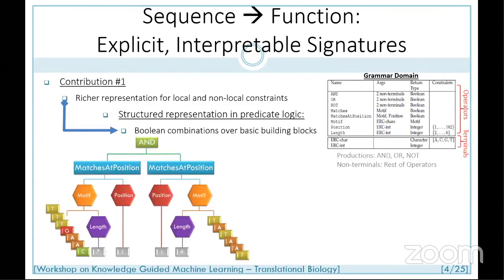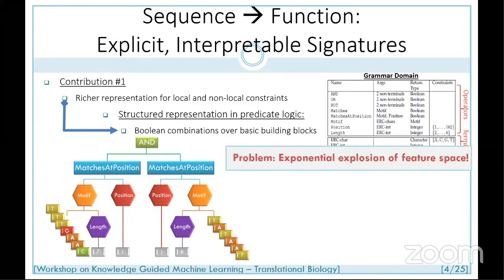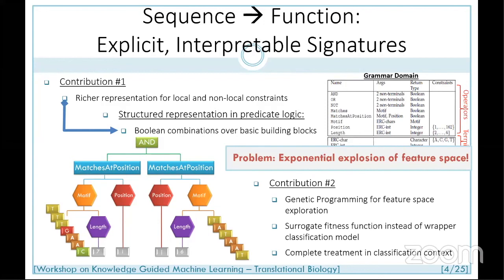And we could construct very complex, very rich features by Boolean combinations over basic building blocks. We could have ands, ors, nots on top of other compositions. We used ideas from how you explore a high-dimensional space in order to deal with the possible issue of exponential explosion of your feature space, by using genetic programming, a biased sampling of the feature space, biased by a surrogate fitness function.